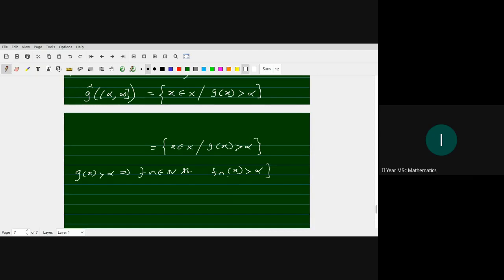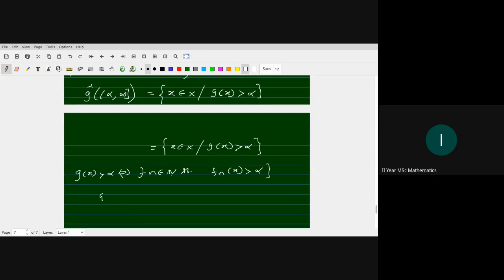The other way is also true: if there is an n with f_n of x greater than alpha, then alpha is not an upper bound of the collection of f_n of x.